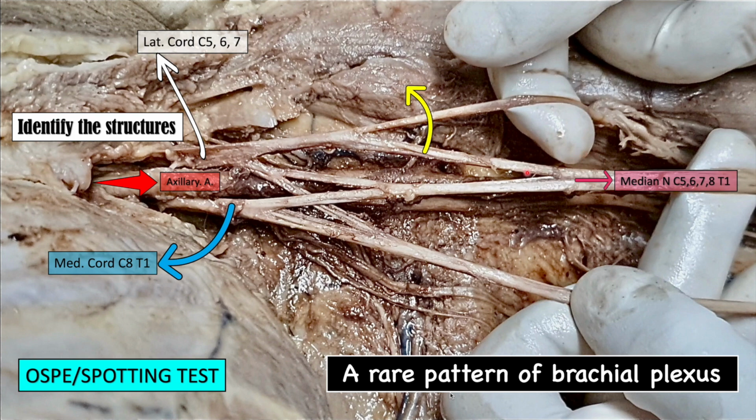identify this structure. Which structure is this? So you prepared with the guess? Are you sure about it? Let's see. So this is lateral root of median nerve with root numbers C5, C6.